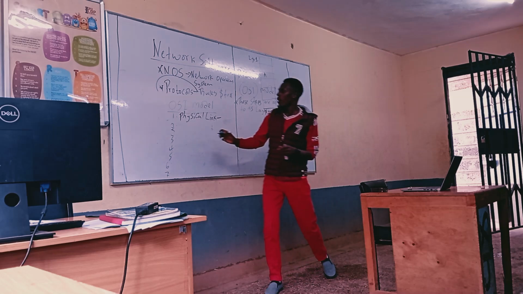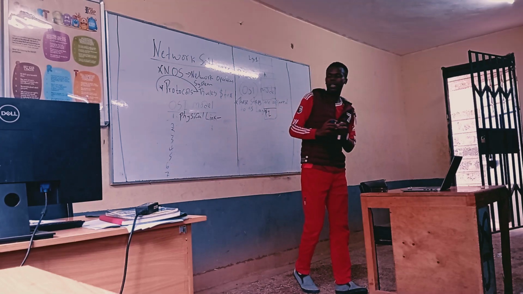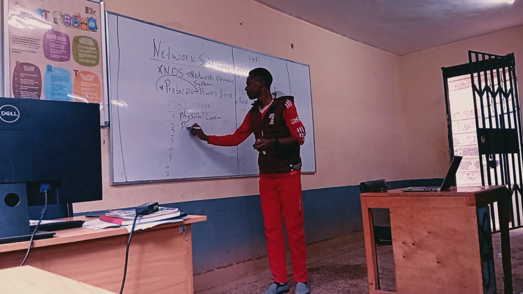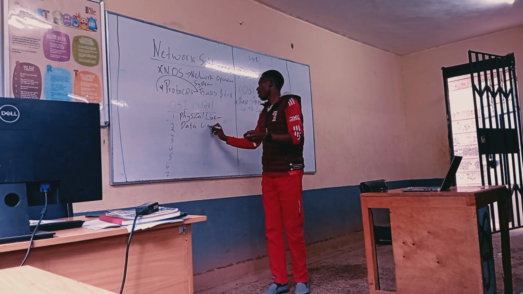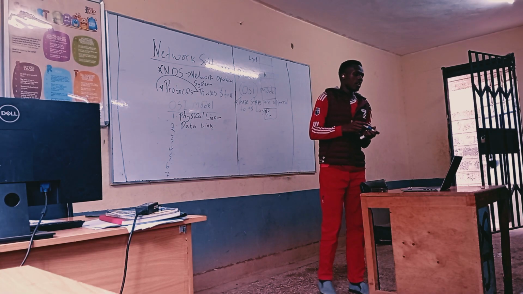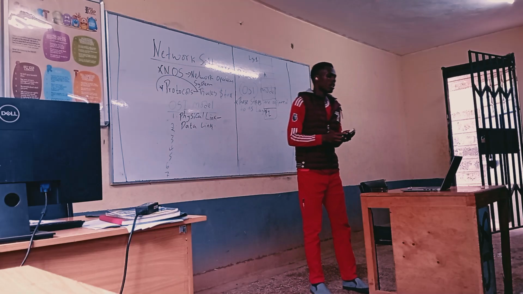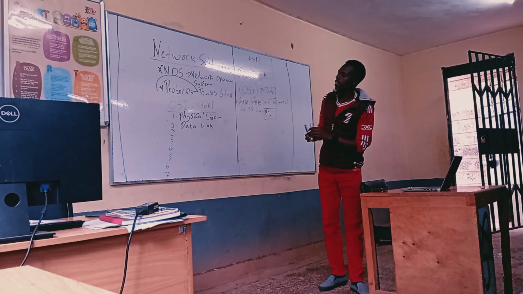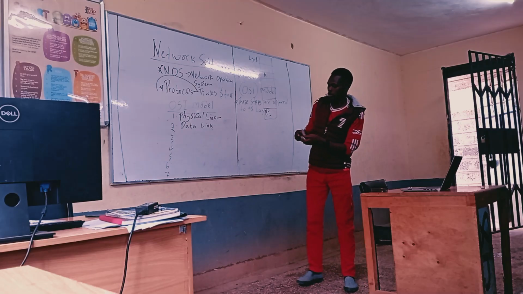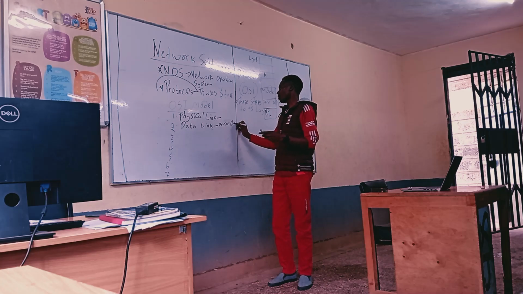The second one is the data link layer. We write: adds error checking. This is where error checking occurs.